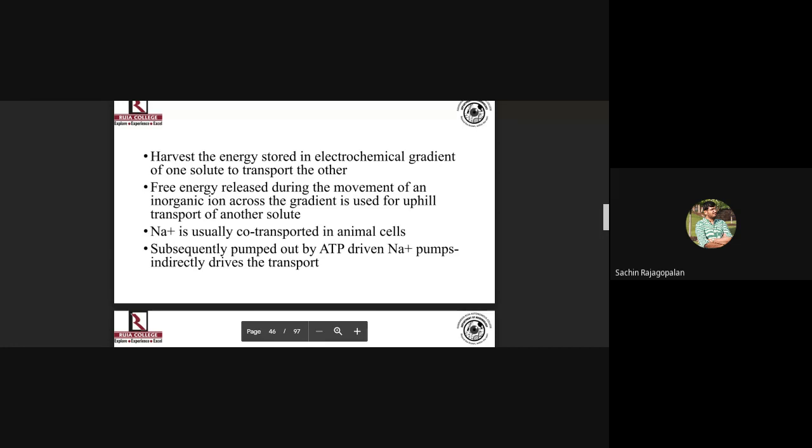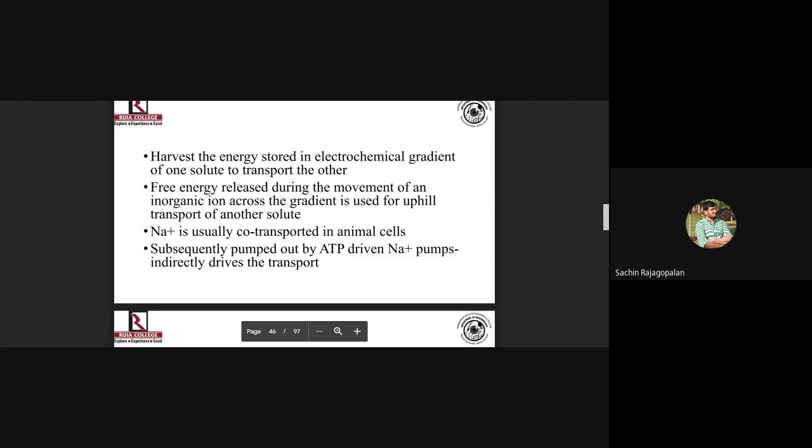That energy is then used to transport lactose into the cell. So it is like you're harnessing energy which is present because of the electrochemical gradient of one solute to transport lactose. This is also one of the very common ways, and it's an example of coupled transporters.